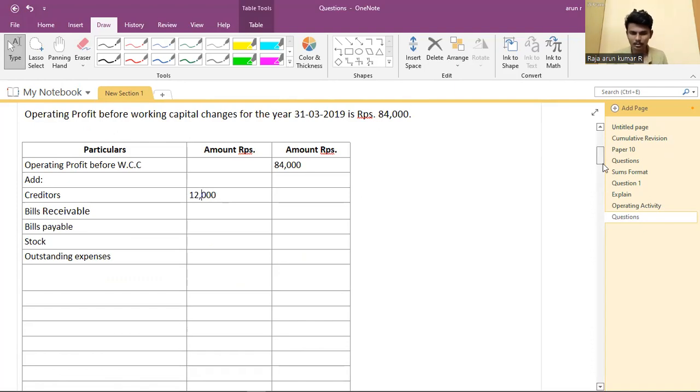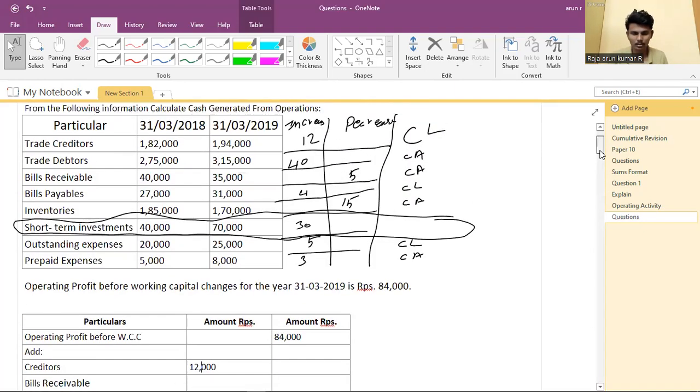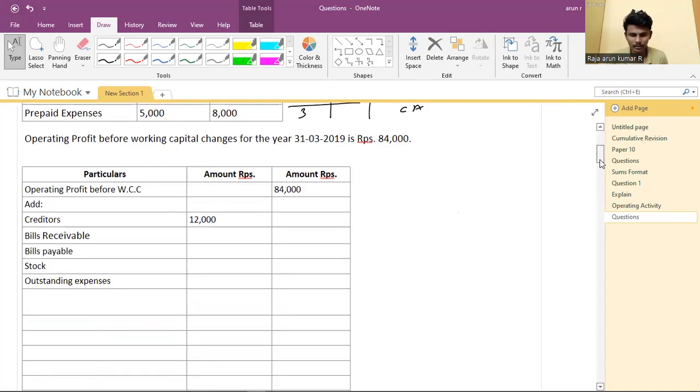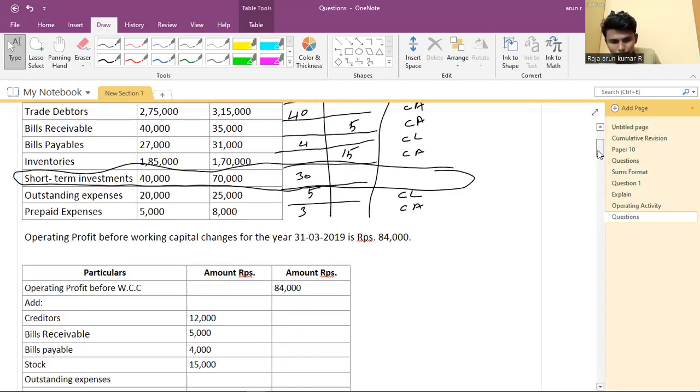Then bills receivable 5,000, bills payable 4,000, inventories 15,000. Then outstanding expenses 5,000.